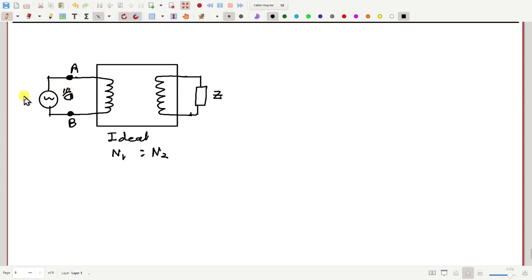If I call this V1 bar, this current is I1 bar, this is I2, this is Z, then how much is this voltage V2 bar?